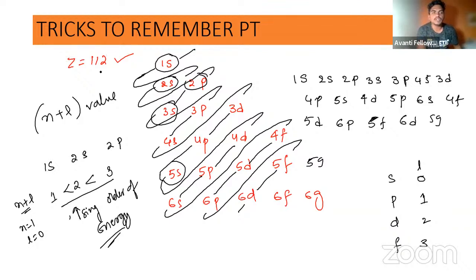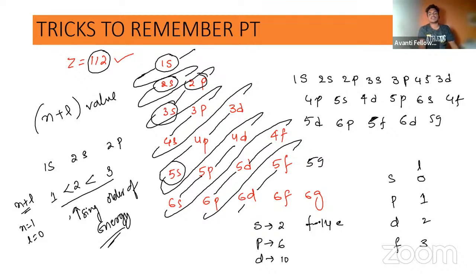Now I told you to fill 112 electrons. We know s can accommodate maximum 2 electrons, p can accommodate 6 electrons, d 10, f can accommodate 14 electrons. So these orbitals can accommodate how many electrons? 2, 6, 10, and 14. Now let's see. We need to fill 112.